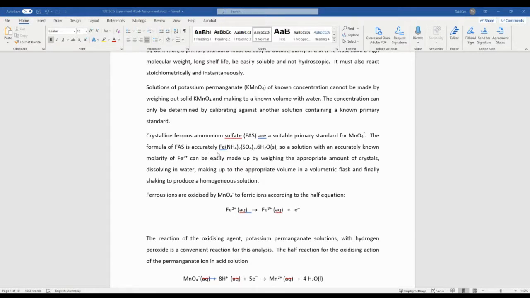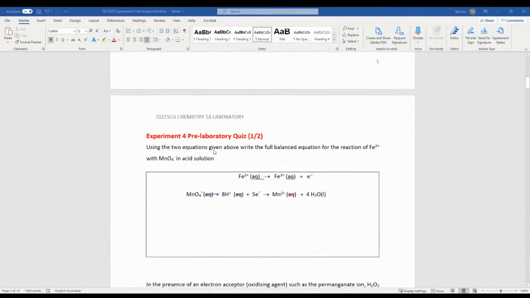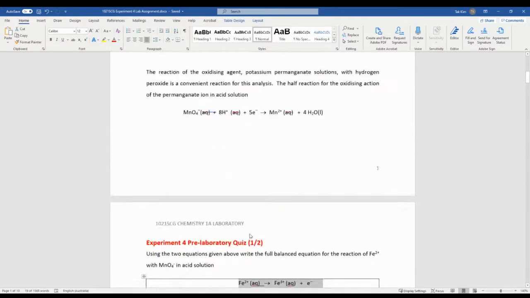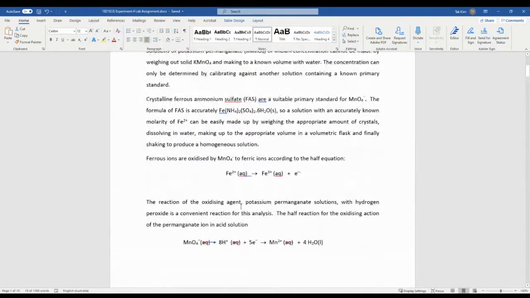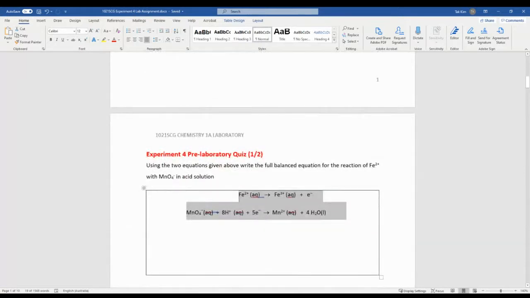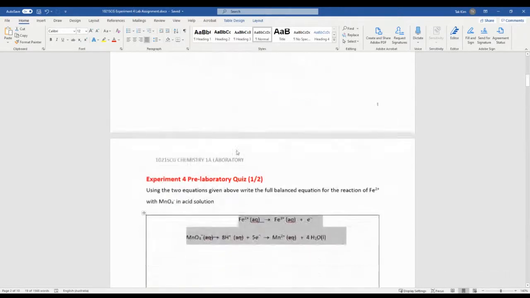When you look at the first pre-lab quiz, these are not actually given in your lab manual, but in the lab assignment. When you look at the previous page, you should be able to find 2 half equations. This is the stoichiometry of your first titration using ammonium ferrous sulfate and potassium permanganate.